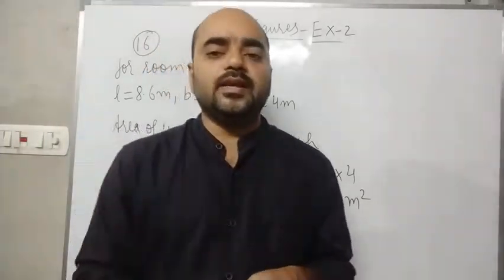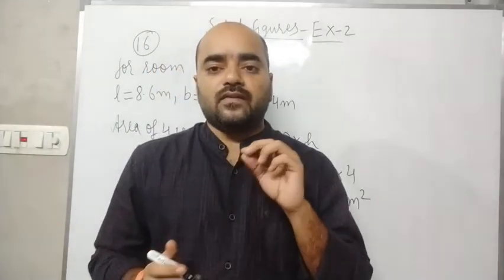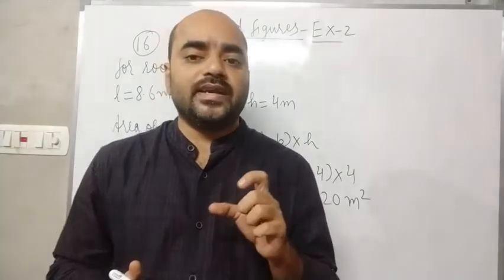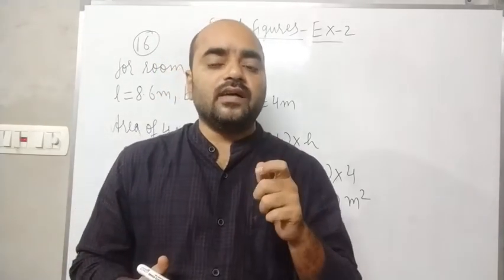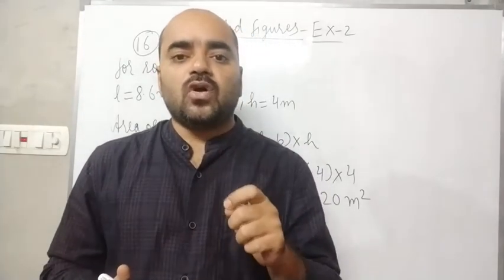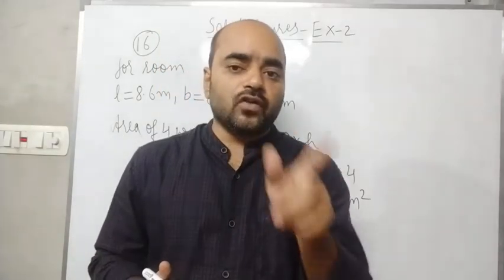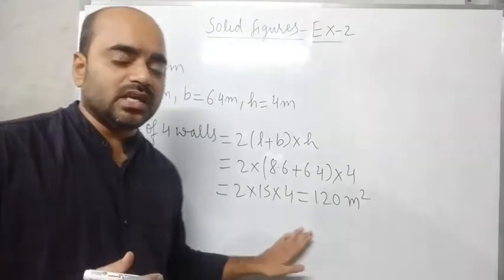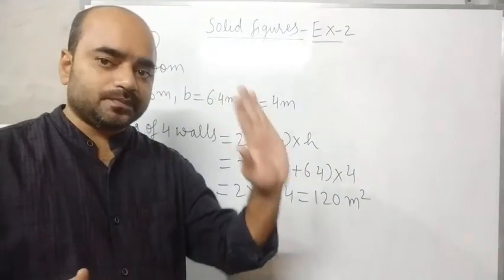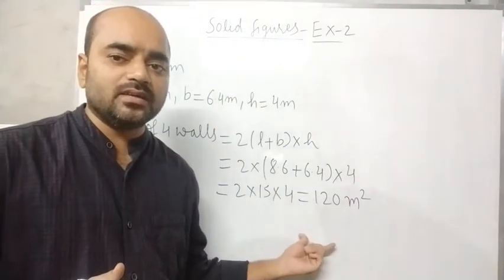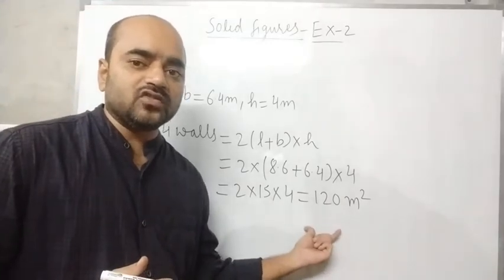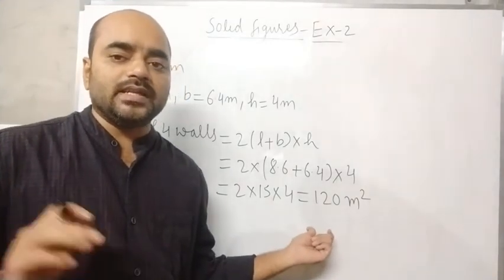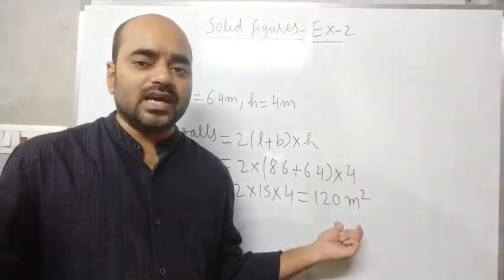So whenever we find the area required for painting the 4 walls, we subtract the area of all doors and windows from the total area of the 4 walls.